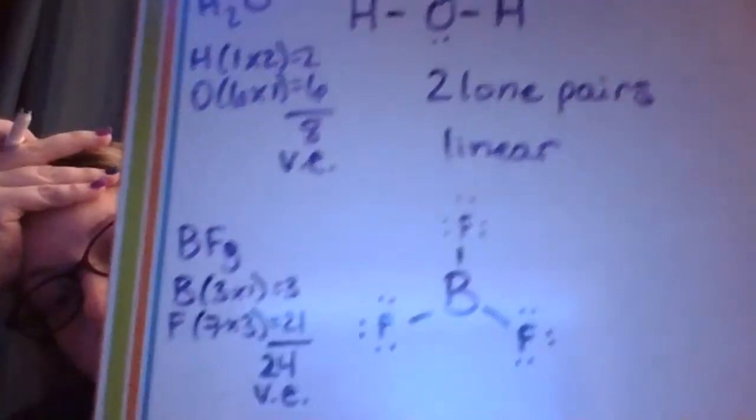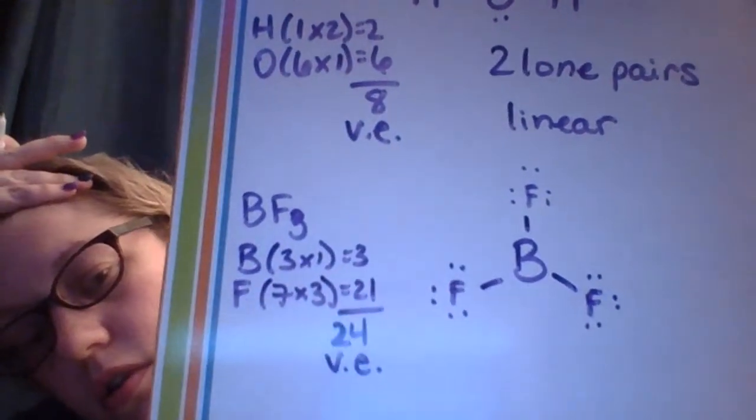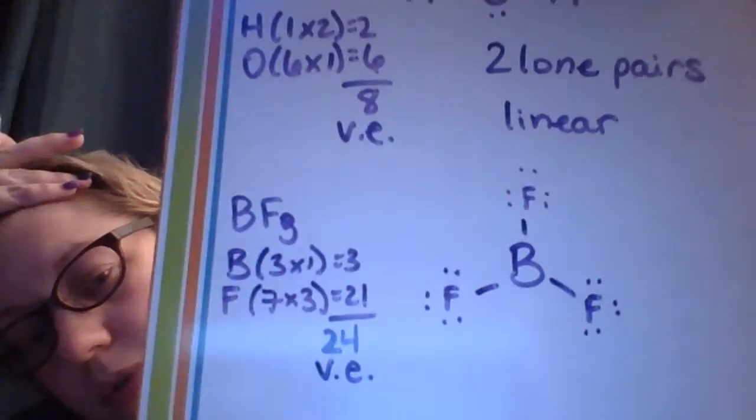So we will put those dots all around, and there is boron with fluorine atoms surrounding it.